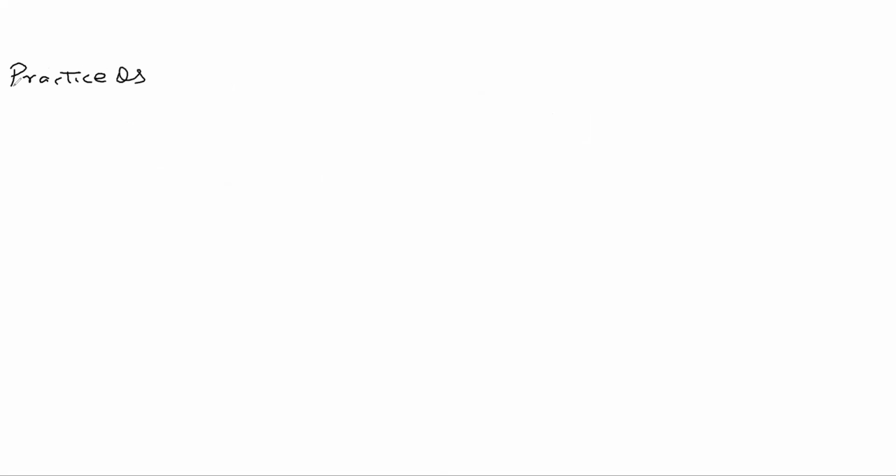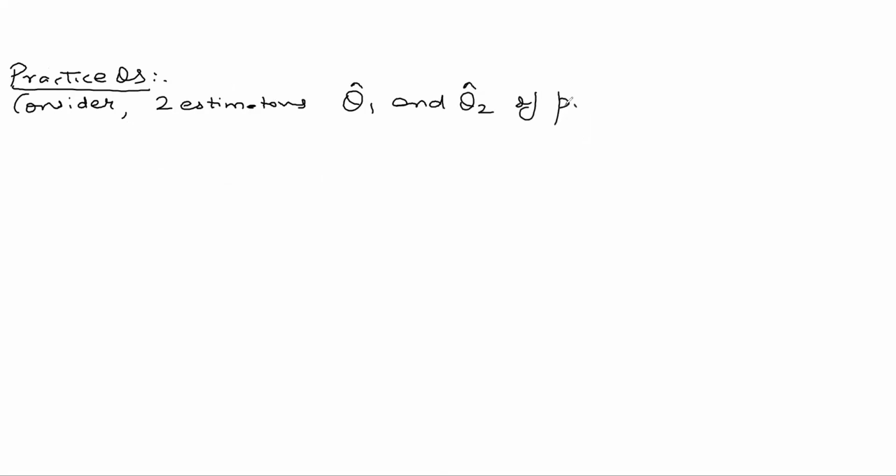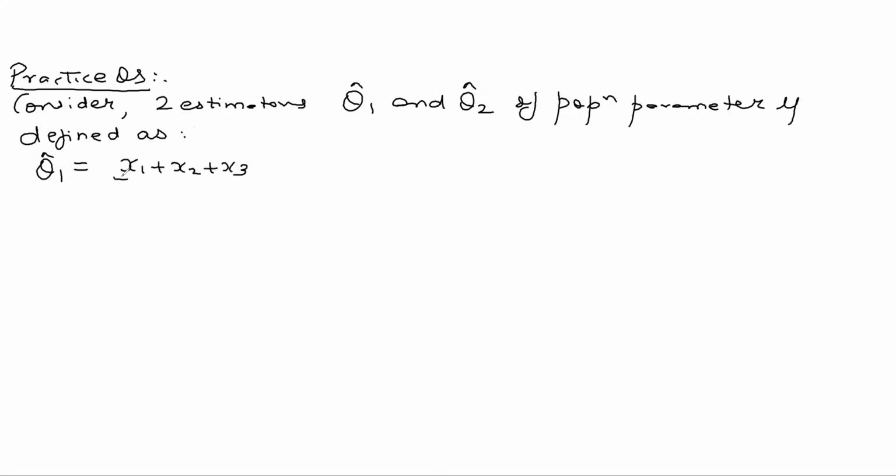So consider two estimators, theta 1 hat and theta 2 hat of the population parameter mu, defined as theta 1 hat is equal to x1 plus x2 plus x3 by 3 and theta 2 hat is 2x1 plus x2 plus x3 by 4.